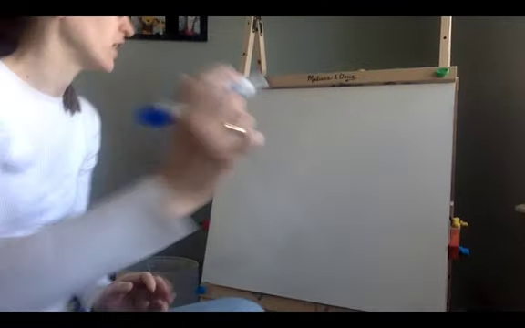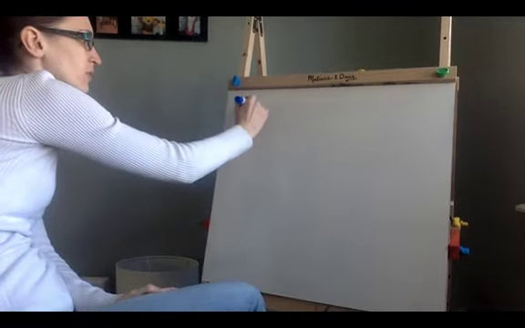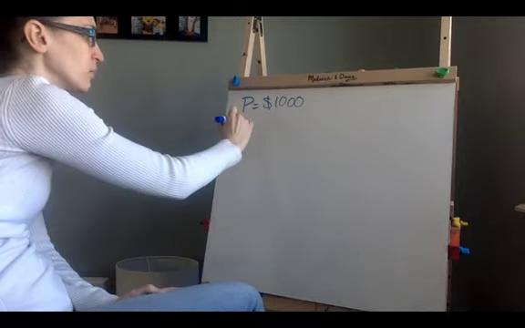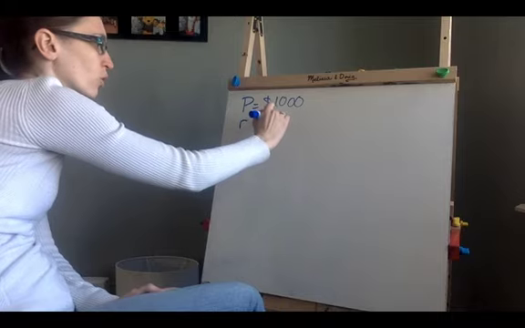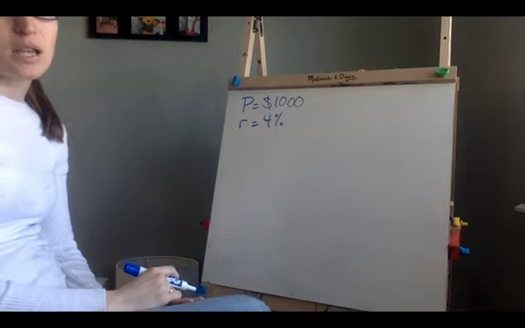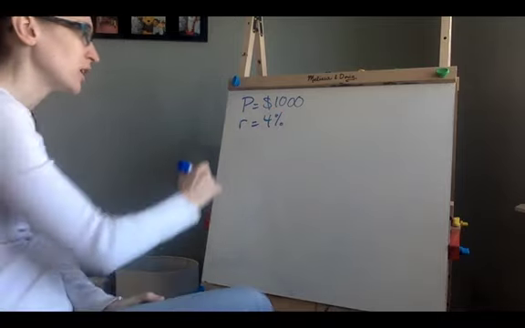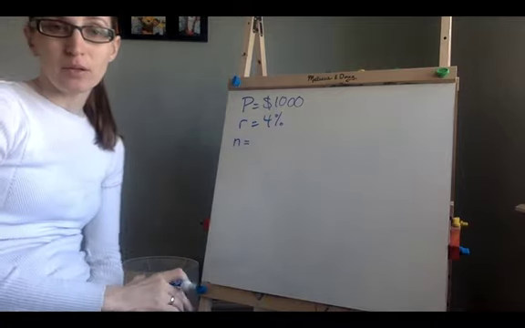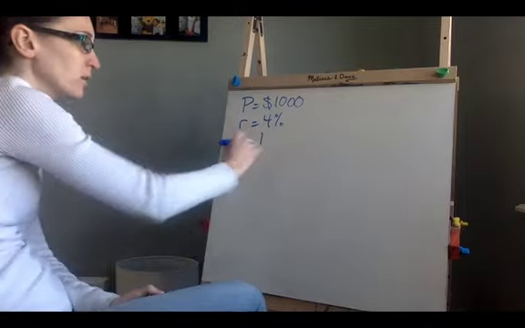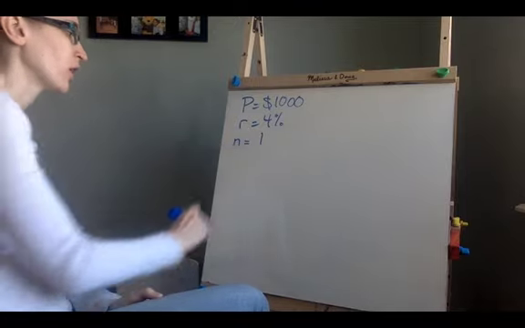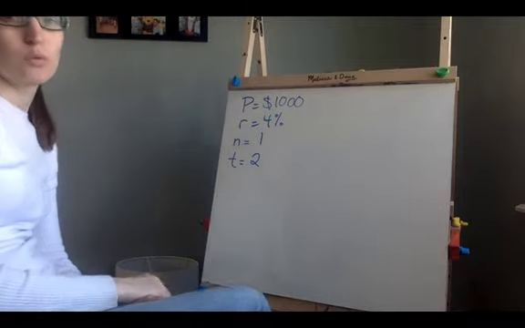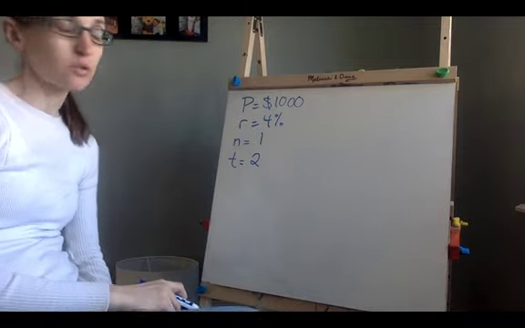You've got $1,000 that you're investing, so your principal amount is $1,000. Your interest rate per annum is 4%. It's only compounded annually, which means your n value, the number of compounding periods, is just 1, because it's only happening once per year. And your value of t, your time in years, is 2, because it was done for 2 years.